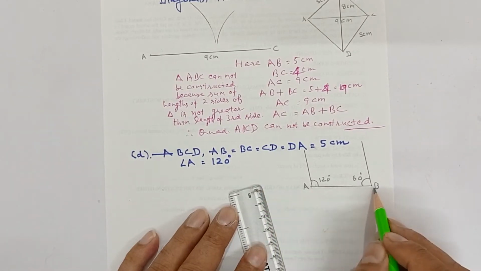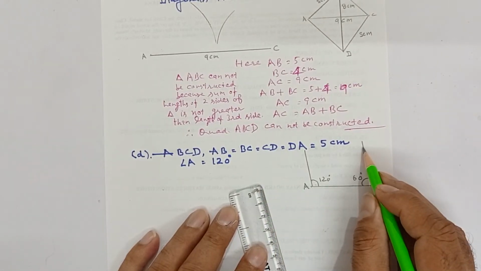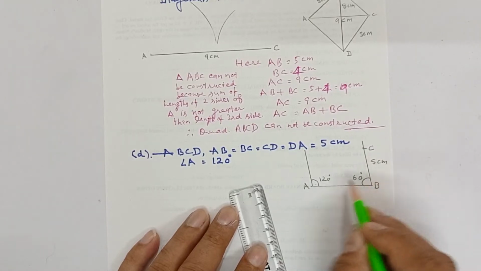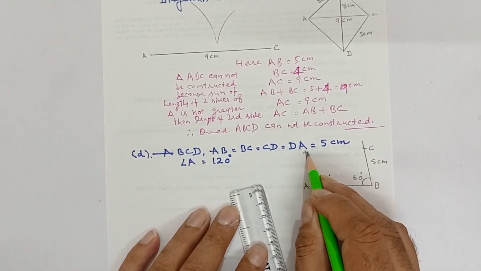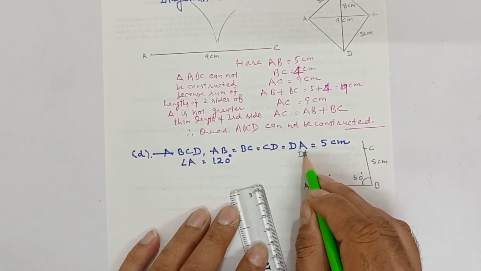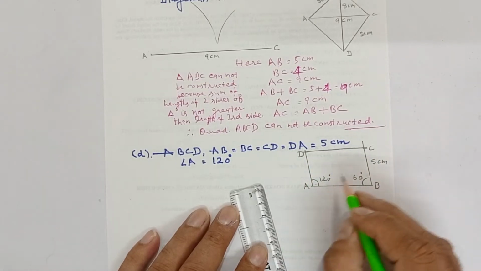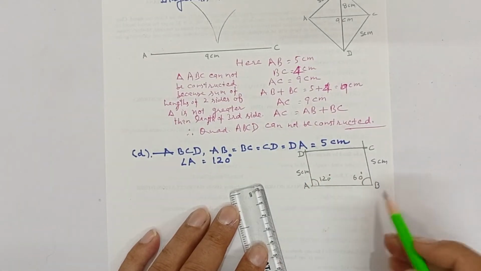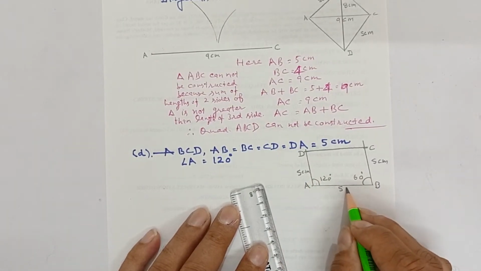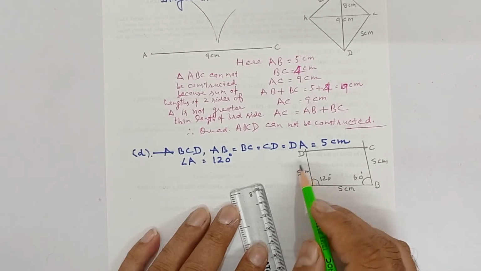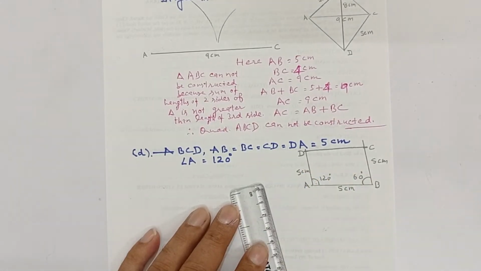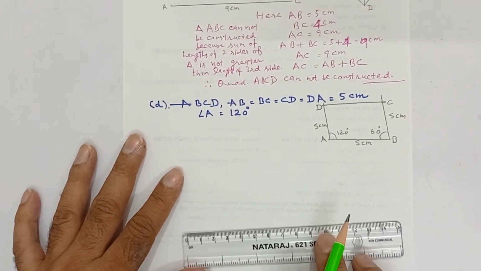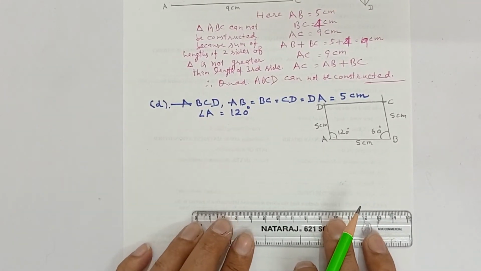And here BC will be 5 centimeter, AD will be 5 centimeter, and these will be joined. So this is also 5 centimeter. AB was also 5 centimeter, and CD will also come 5 centimeter. Let's construct, and later we write what type of quadrilateral this is.